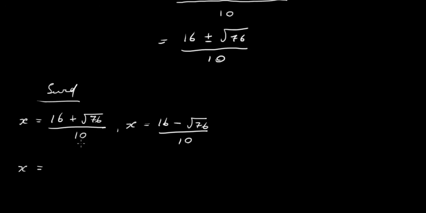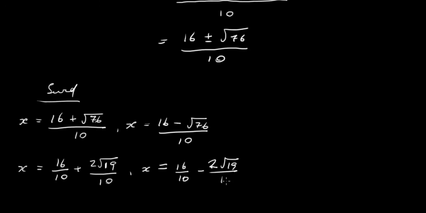You can divide the 10 into both of these. So you get 16 over 10, and you can take this as far as you want, plus, now the square root of 76 is 2 root 19, 2 square root 19. Your calculator will actually do that for you, and that's over 10 as well. So x is equal to 16 over 10 minus 2 square root 19 over 10.